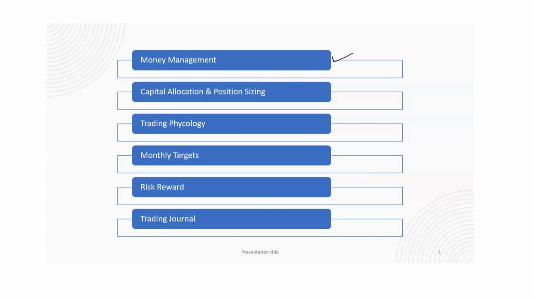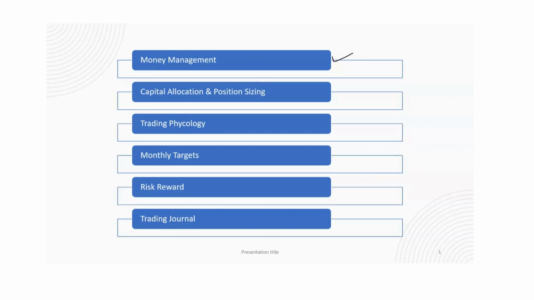You just deployed 30% of your capital, and the VIX goes high, premiums go high because the market is volatile. Now you can deploy some more capital, like 30% more, because premiums are high. And maybe after some time IV gets cooled down, and you have taken advantage of the newly allocated capital.